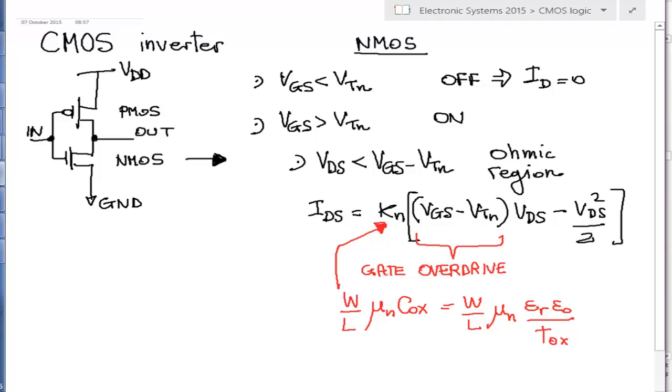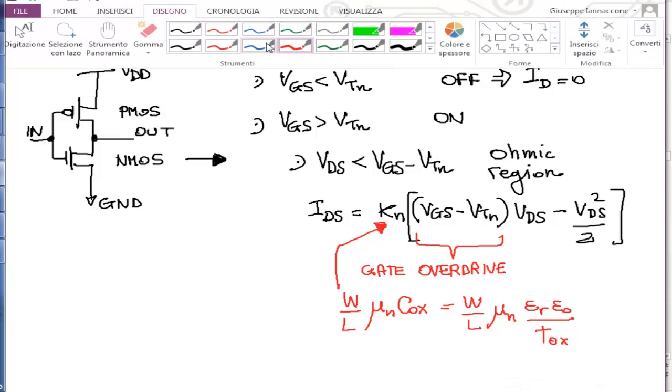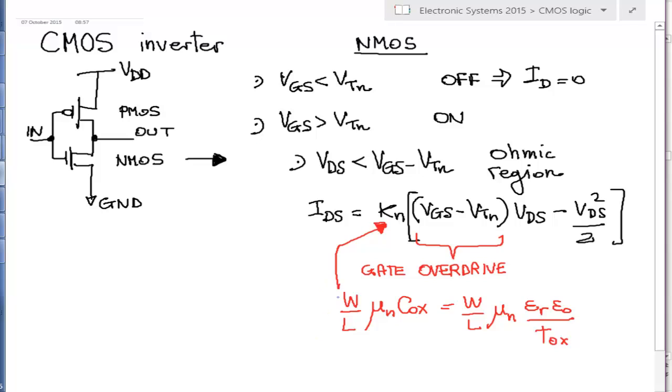Okay, let's see what these terms are. These are important because most of the things that we will derive today will depend on these quantities. So even if you already know this concept, I'm going slowly to let you at least absorb the nomenclature. This W is the width, the channel width of the transistor. This L is the length.